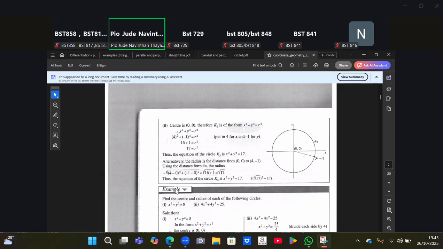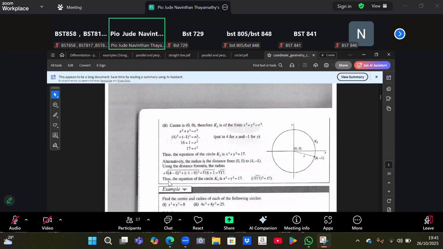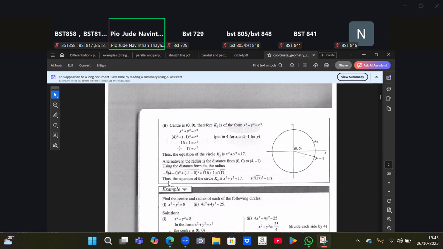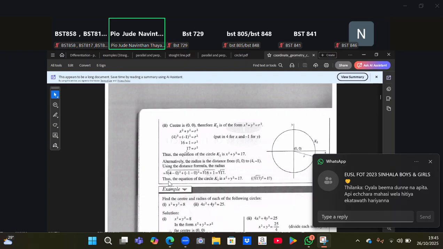Now 4 square plus minus 1 square is equal to r square. 4 square is 16 plus 1, so r square is equal to 17.